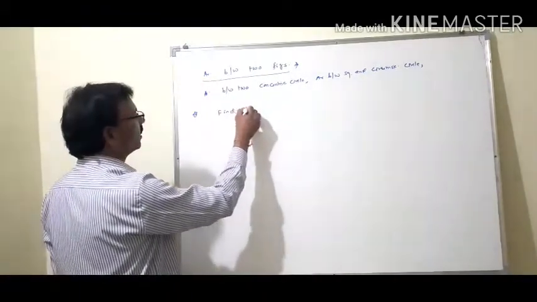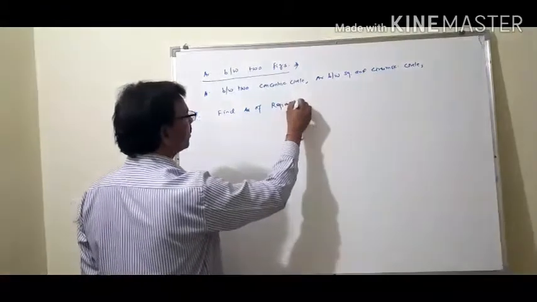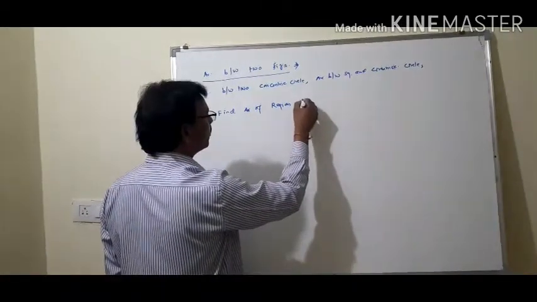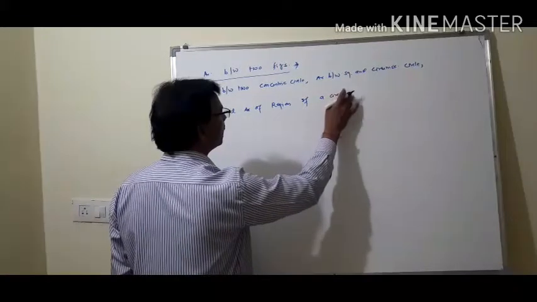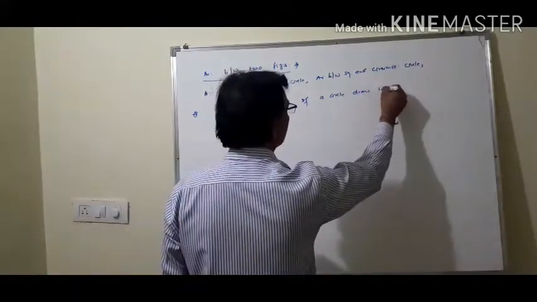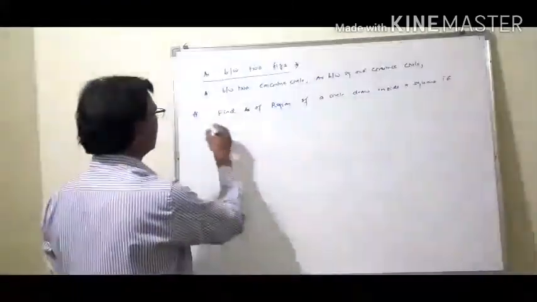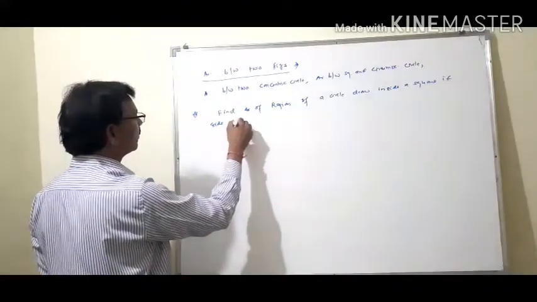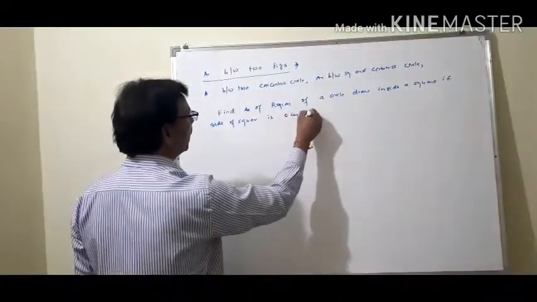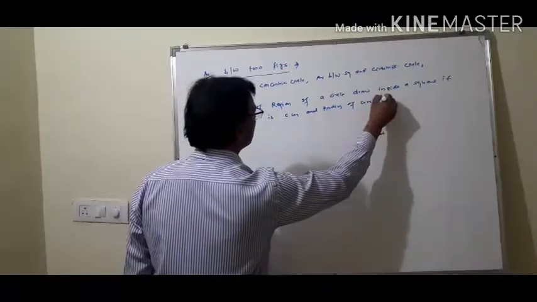Find the area of the region bounded by, if a circle is drawn inside a square, if the side of the square is 5 centimeter and the radius of the circle is 2 centimeter.